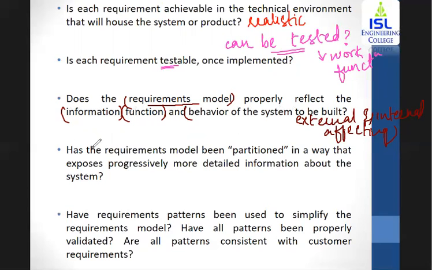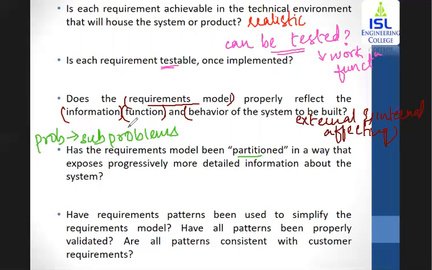Then the next one is: has the requirement model been partitioned in a way that exposes progressively more detailed information about the system? That is, whether you have split the particular problem into sub problems. First you've got a problem, and you split it into sub problems, so within one problem you're going to have three or four categories.